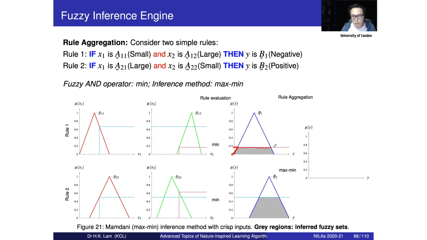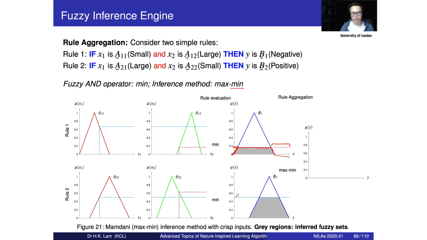And then compare this portion with this blue line right here. These values are higher than the lower value right here. So we come up with this one. So that's why when we apply the min, we have the gray area.